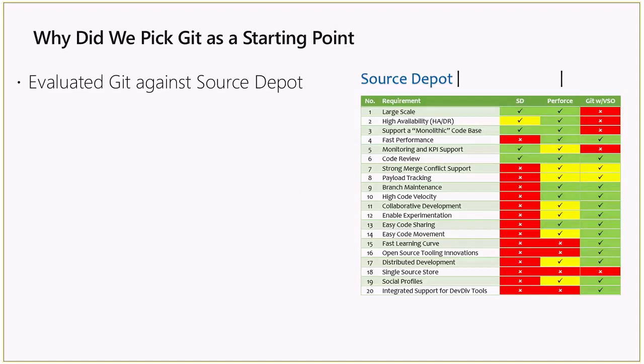So the big red X is the top two, I'd say. The big red X is the top two concerned about supporting large scale and basically how to make a monolithic code base fit. So the good news is, since Git met most of the requirements to support Windows, we just need to figure out a way to make the pieces that didn't work. And then it would be good to go.